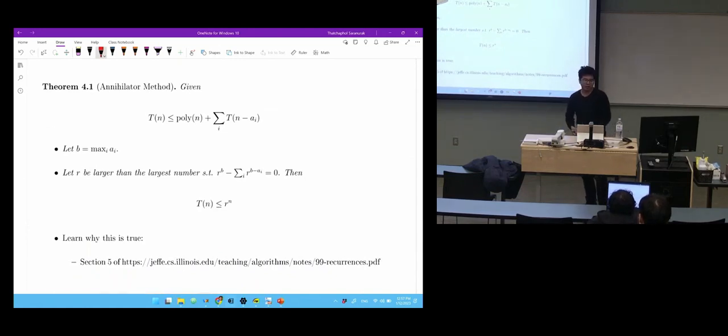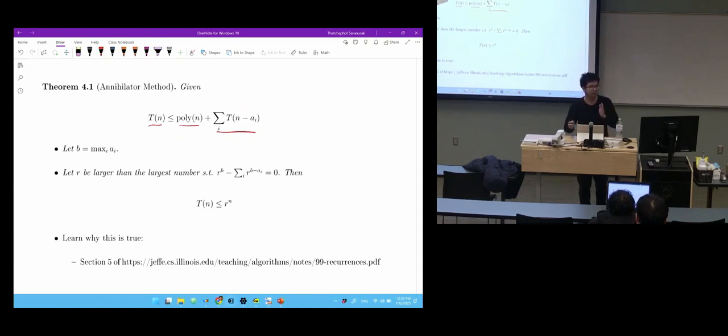So this is called the annihilation method, and basically, if you have any equation that looks like a sum, poly(n) plus a term here, which is T(n minus some constant), it's not like some constant times n, right?